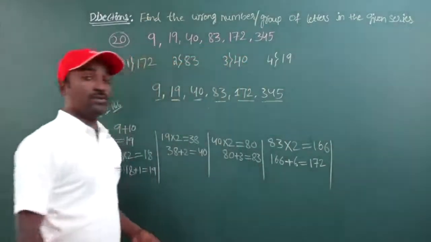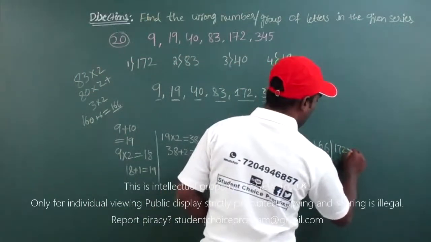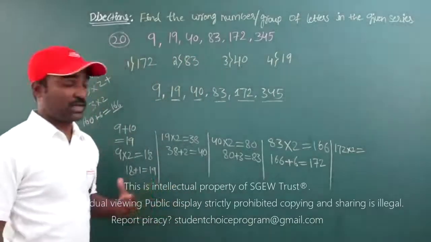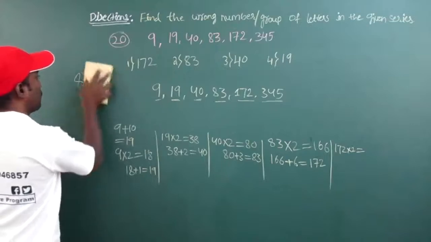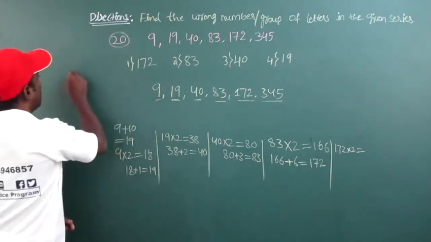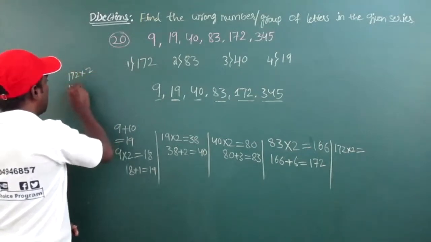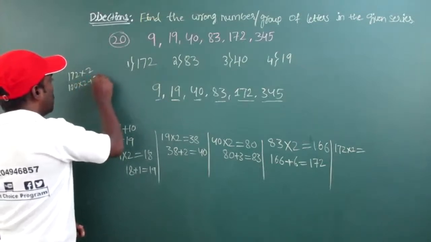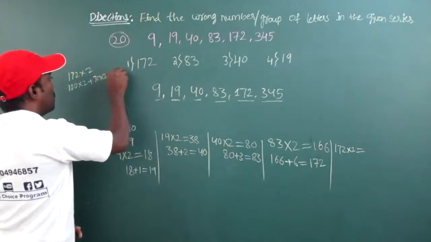345. So 172 into 2 will give me, again use the split and merge technique. How can you multiply 172 into 2? This can be written as 100 into 2 plus 70 into 2 plus 2 into 2.